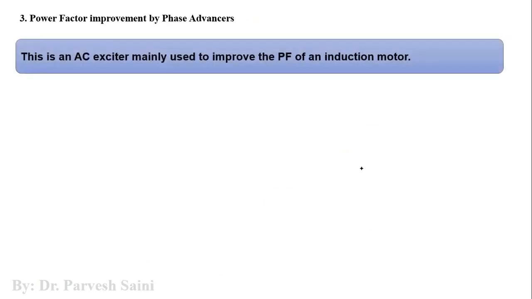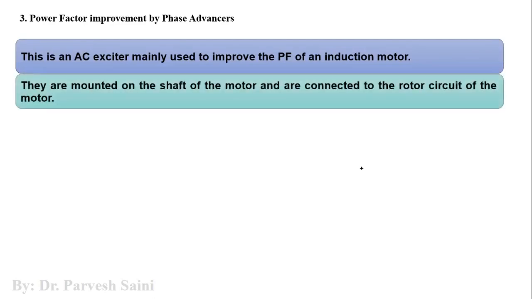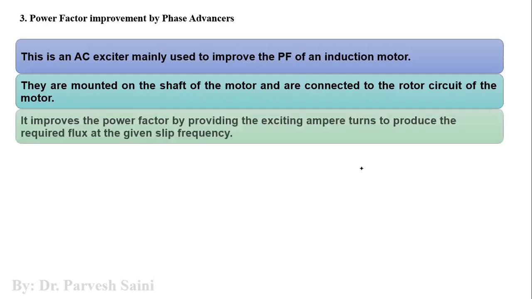Then we have phase advancers. Phase advancers are nothing but the AC exciters which are used to improve or enhance the power factor of the induction machine, induction motor specifically. It is purposefully used for induction motors only, and it is mounted on the shaft of the motor and connected to the rotor circuit of the motor, right? Its purpose is to provide the exciting ampere turns. Exciting ampere turns mean exciting magnetomotive force to produce the required flux.